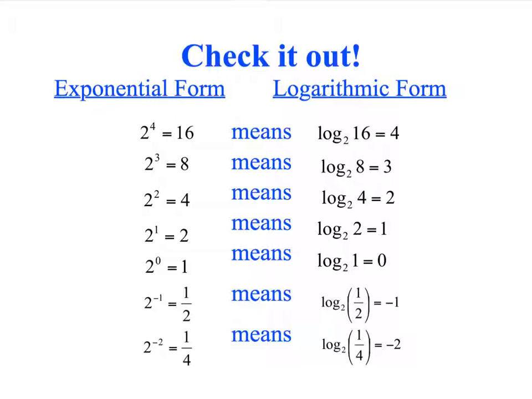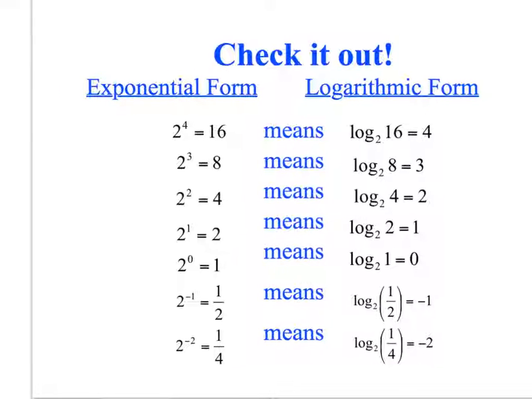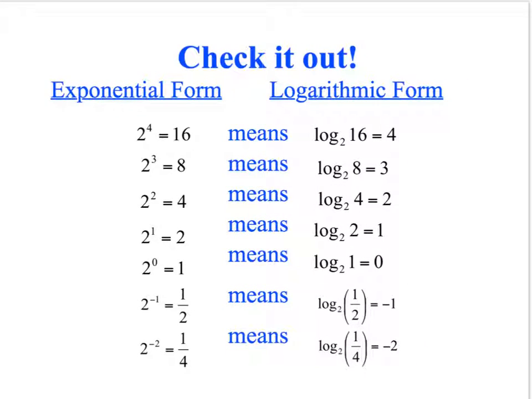Okay, now we're going to look at how you convert between an exponential and a log function. You can think about starting with the exponential and converting to the log. So first thing you want to notice is the base on an exponential and the base on the log are going to be the same.